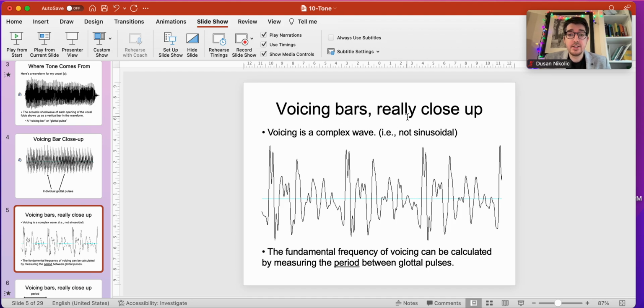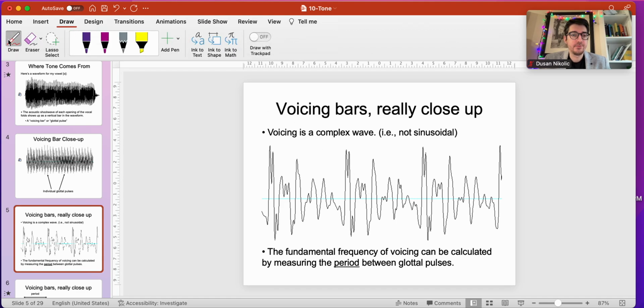But voicing bars really close up right now show that this is a complex wave. So this can be one cycle, right? But the wave is complex, although repetitive, and that's why we call it periodic. It's not aperiodic, it's periodic but complex, and it's not really a sine wave, right?